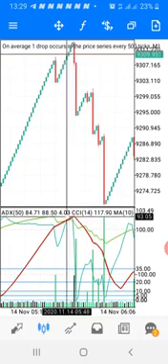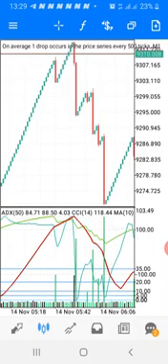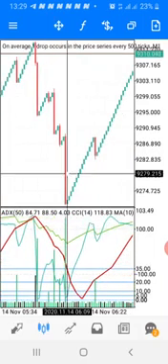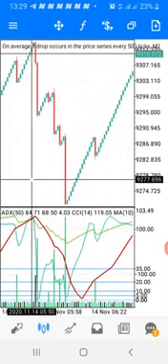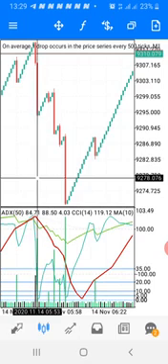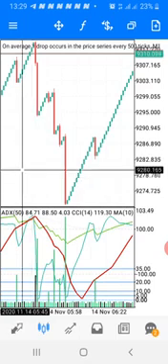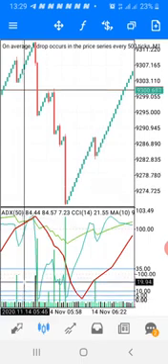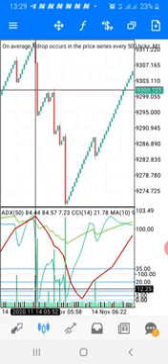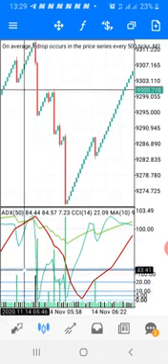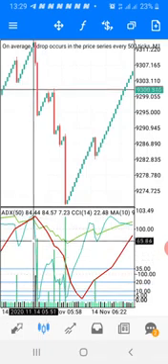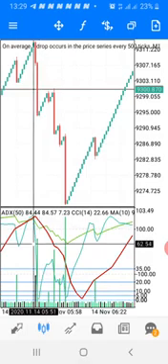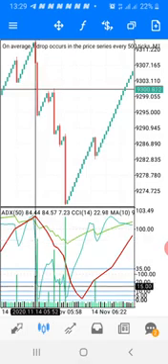And something to note is that when you catch a spike like this and the next candle is a black candle, just like this, you understand?